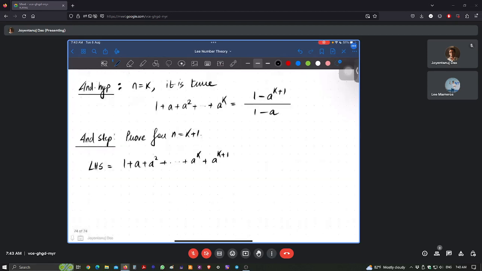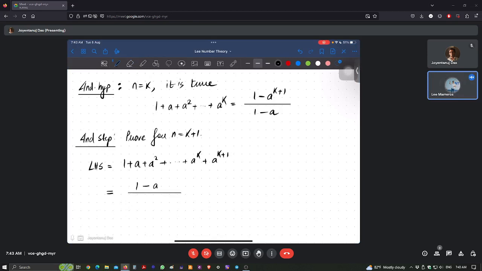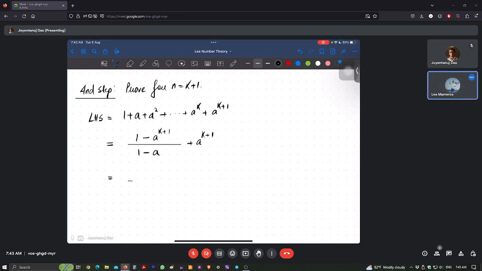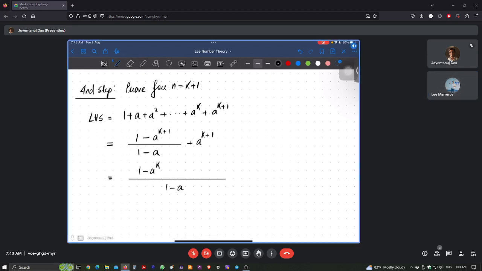So next step will be, we replace 1 minus a to the power k plus 1. So if we simplify, what happens? 1 minus a power k plus 1, minus a power k plus 2.